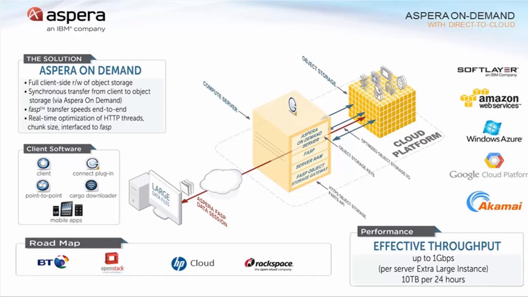So the reason I'm bringing that up is I want you to understand that when you look at moving file types and moving content into the cloud, companies like Akamai and Limelight understand the challenge, and that's why we're doing business with them the way we are. And again, it doesn't matter to us what cloud you want to use. You may want to use multiple clouds for different purposes, and we can support that.